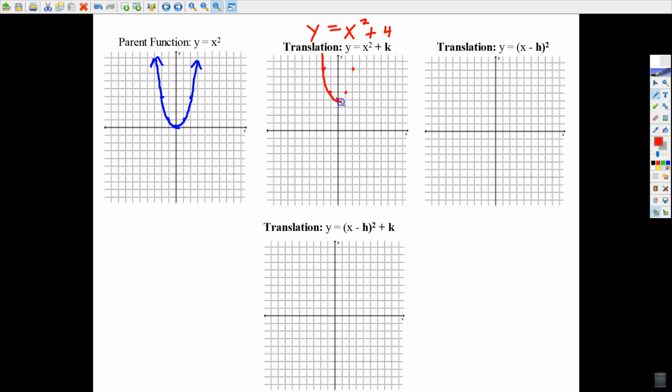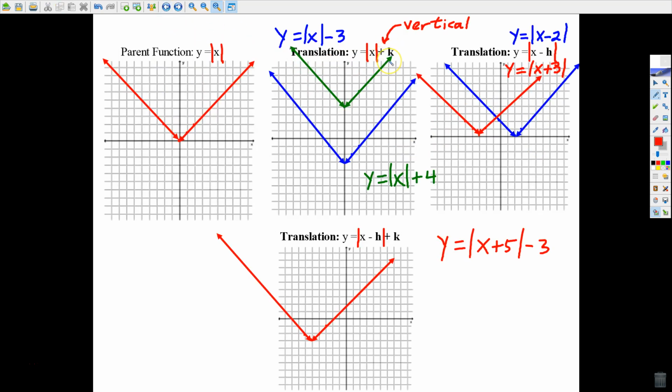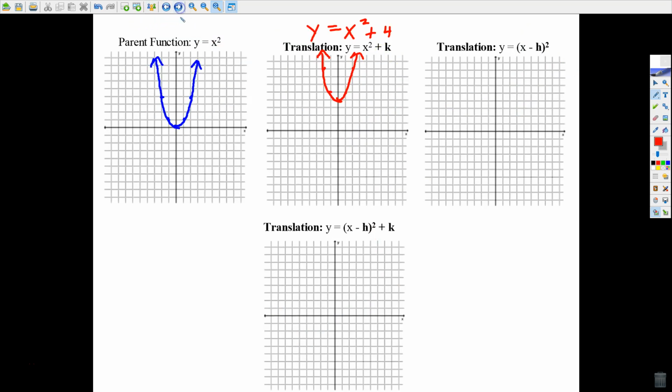So this is a vertical translation, adding 4, and the 4 is not inside any parentheses. Outside, vertical. Outside, vertical. Okay? Inside, horizontal. So let's just do an example of that horizontal shift.